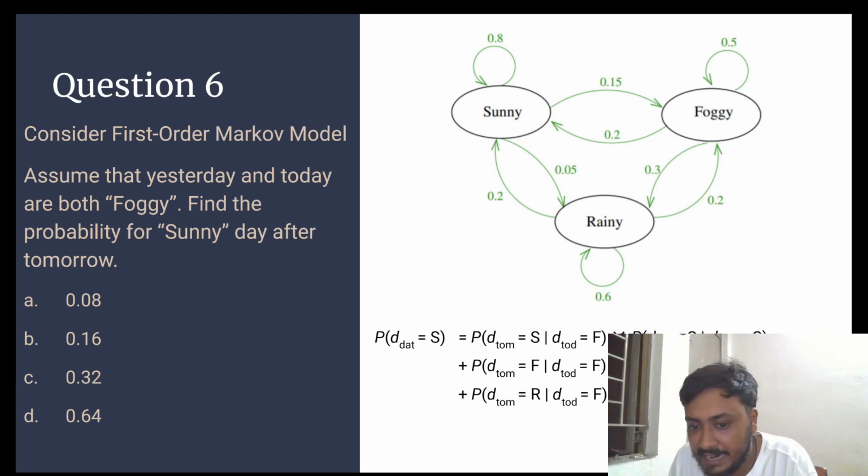We are writing it like this because the weather on one day depends only on the weather of the previous day. That is why we have to chain them like this. And finally, this is the rainy situation. This is just simply expanding conditional probability formulas, nothing else.